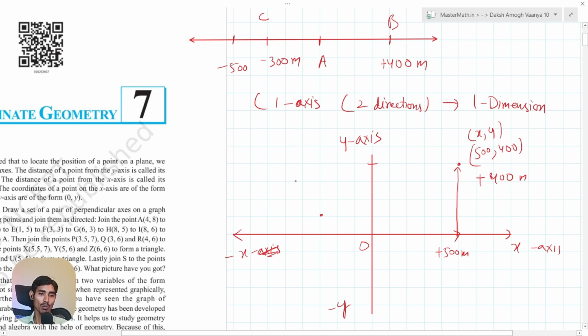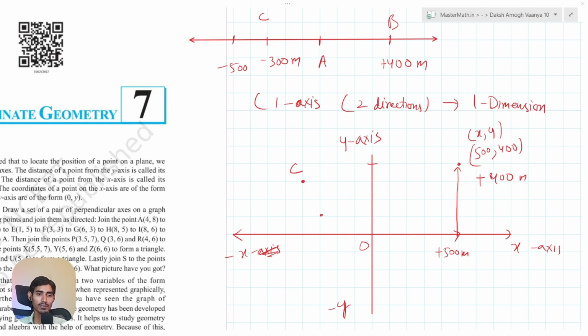Now what would be the coordinate of this point? Anyone? What would be the address of this point C?